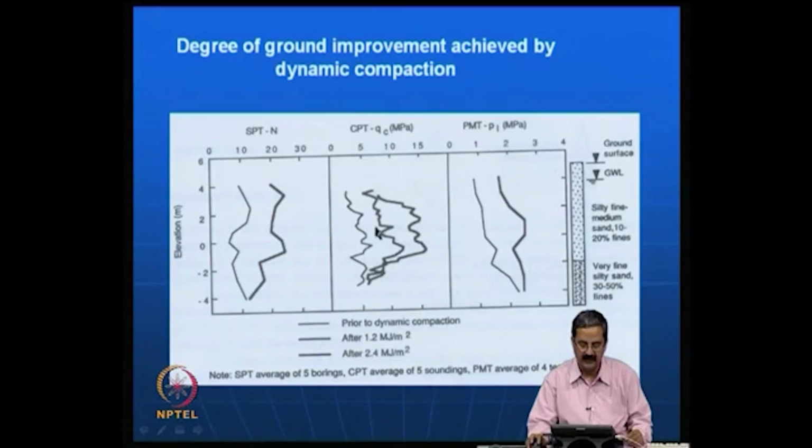You can see that the QC is somewhat in the range of 5 MPa, it just increases with depth, but then QC gets improved with treatment. Similarly, in the case of pressure meter test, it is called limit pressure. Limit pressure is another important variable you will get from the pressure meter. You can see that the limit pressure is low when it is not improved, and when it is improved, there is a good difference.